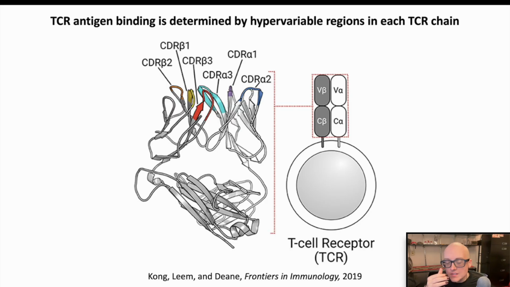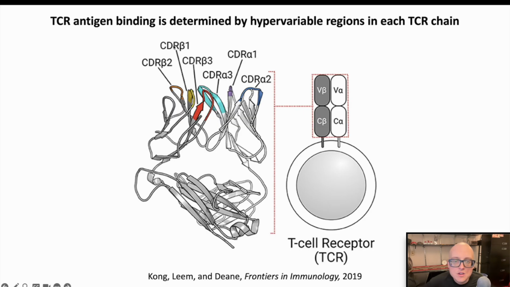paper that I'm referencing here at the bottom, they have a very nice illustration of the T cell receptors shown here, and we can see these different segments that we saw on the last slide. If we look at a diagram that shows the way that this protein folds on itself, you can see that the residues, again, at the most N-terminal portions of both the alpha and the beta chain, we refer to them as CDRs, or complementarity determining regions.